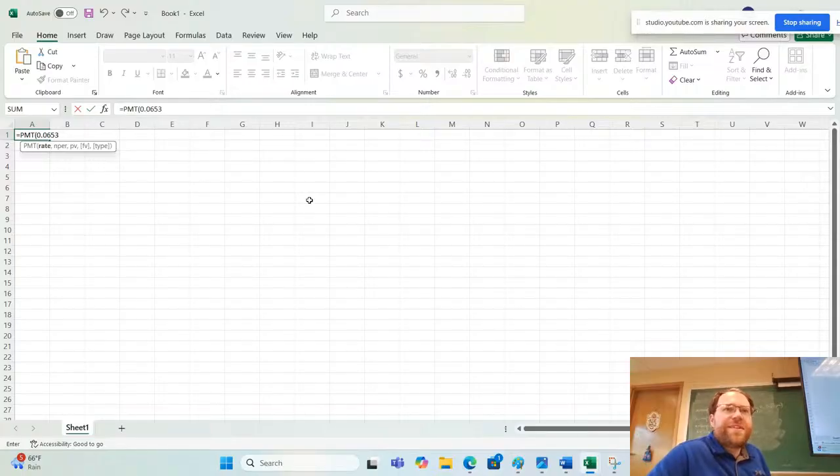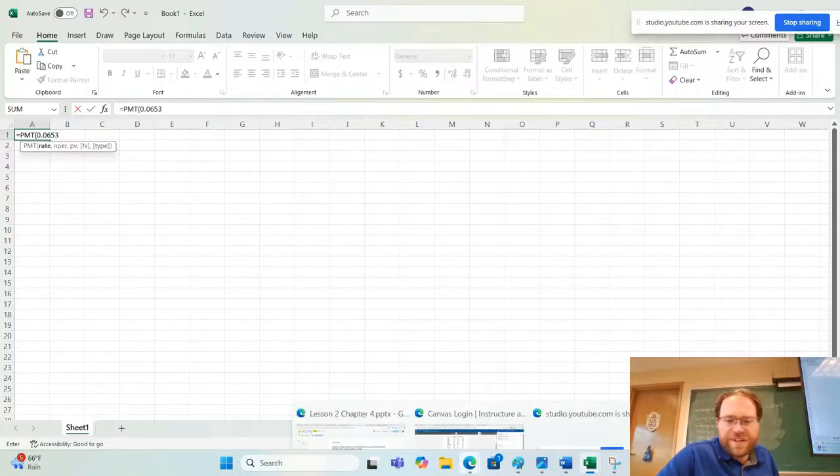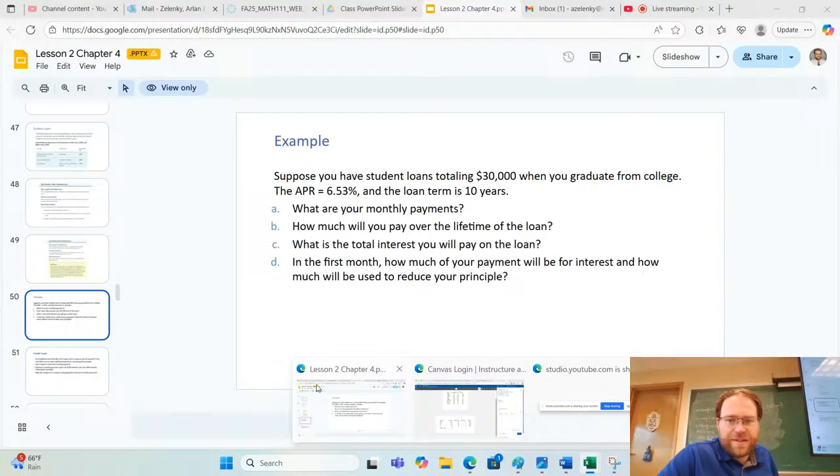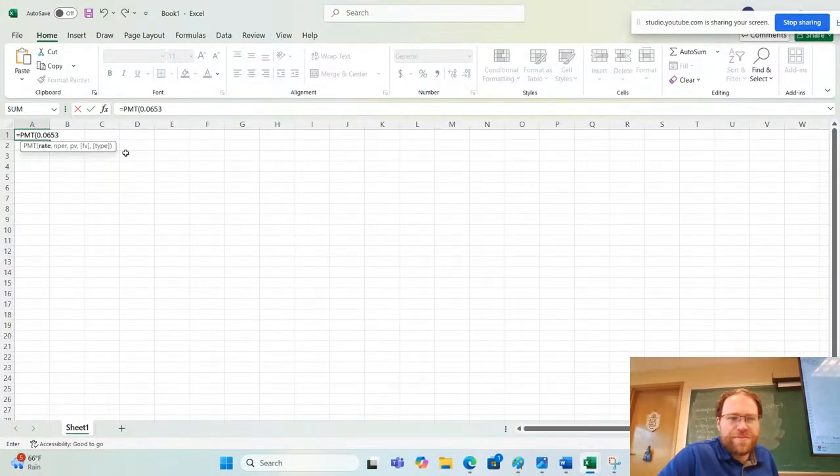Is it compounding annually, quarterly, or doesn't it say? APR, so it would just be 1. And nper over 10 years, right? Yeah. So that would be 10.